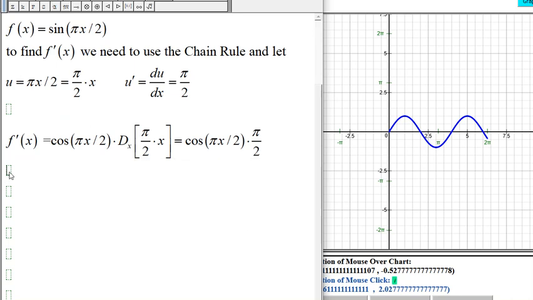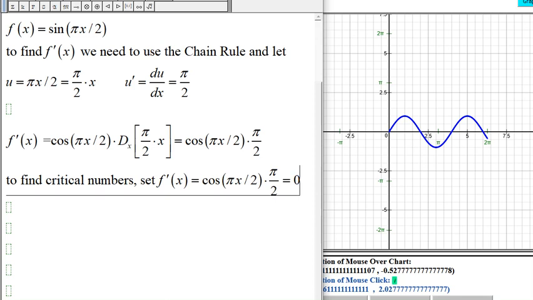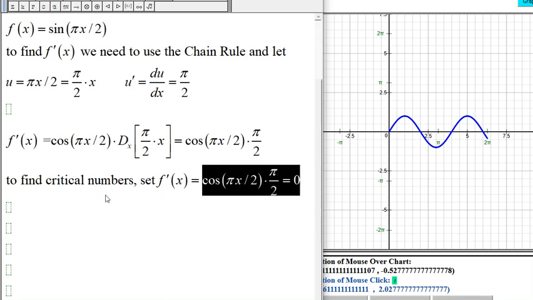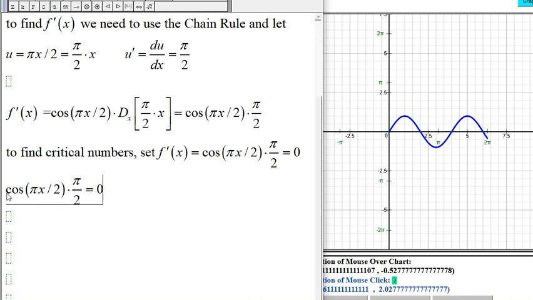And then to find critical numbers, we set the derivative equal to 0 and solve for x. And so right here we have this. And then divide both sides by pi over 2.